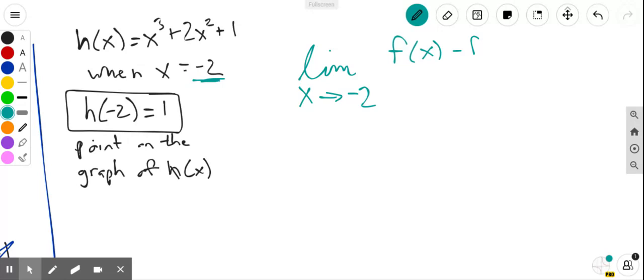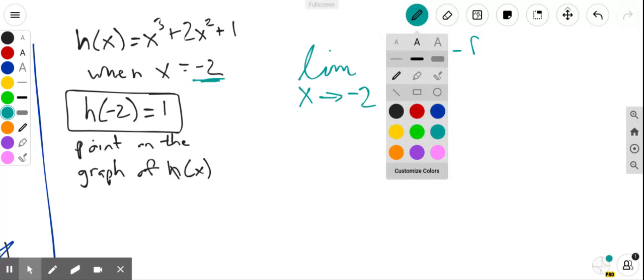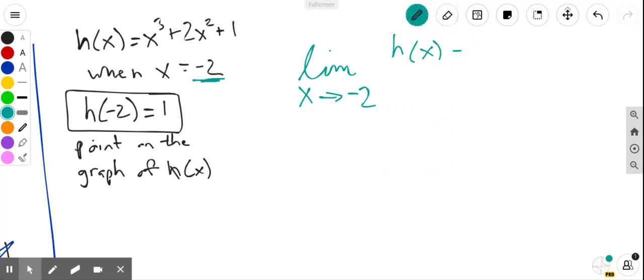The function in this case is h, so h of x minus h of negative 2, over x minus that. We're trying to find the slope of the tangent line at a specific point, so the outcome should be a number rather than a function. So it's already kind of doing the substitution at once.